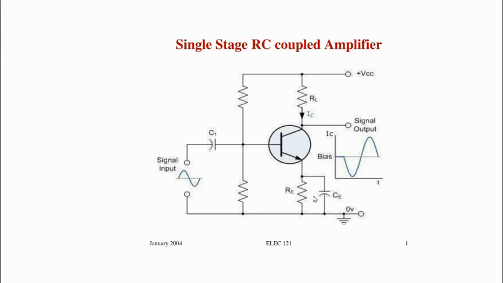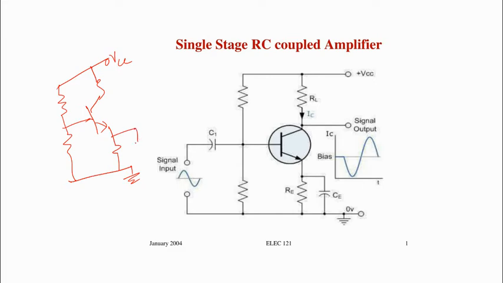This is a single stage RC coupled amplifier. This is a definite question for KTU. It is exactly the voltage divider biasing circuit, extended. I am drawing it here: we have the transistor, the emitter, the collector resistance, the supply voltage, and this point is grounded.